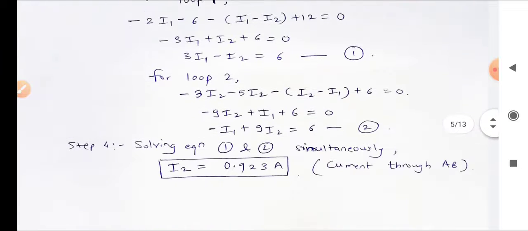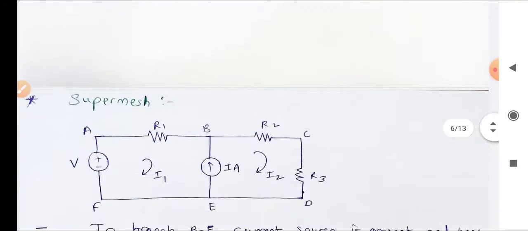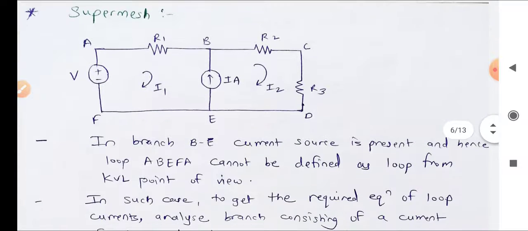Now if a current source is present in between the loops, that is the concept of super mesh. For this network, whenever a current source is present, we cannot write the KVL equation using that current source, because the drop across that source is not known.